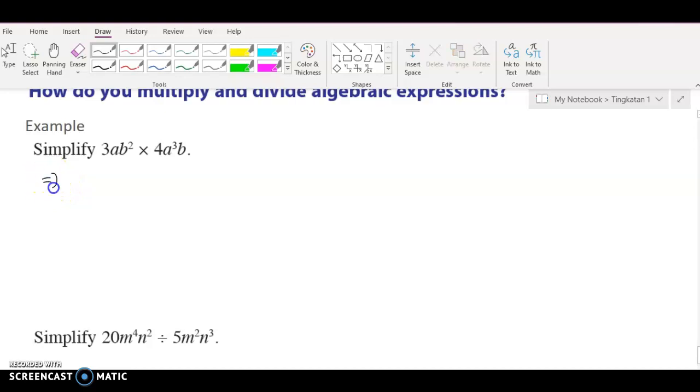So you will get 3 times a times b times b, and then times 4 times a times a times a, because a to the power of 3 over here means a multiplied 3 times.